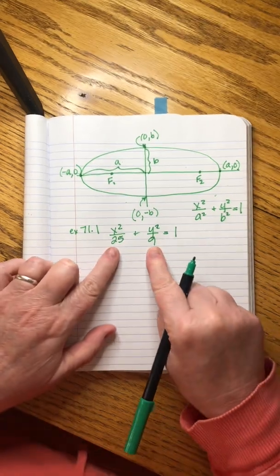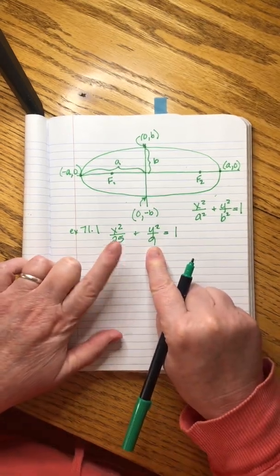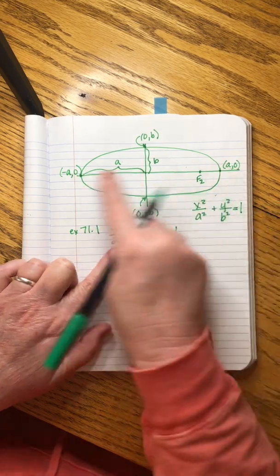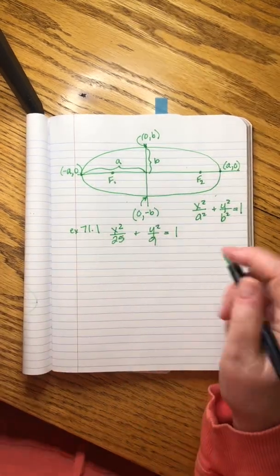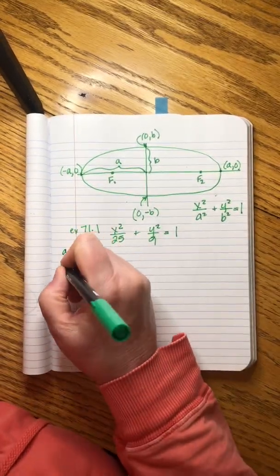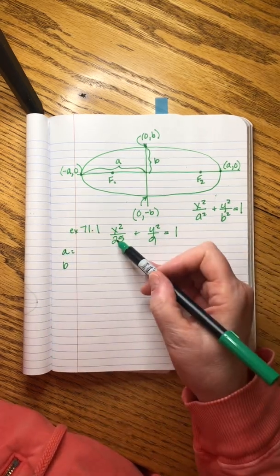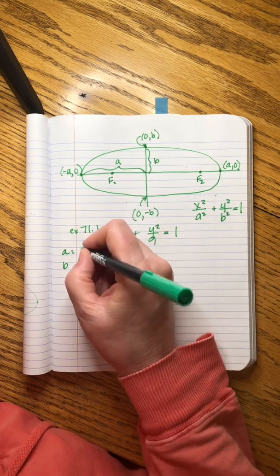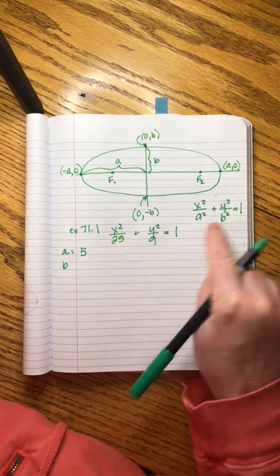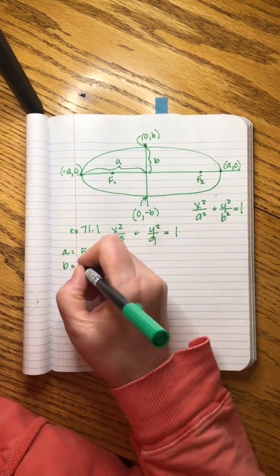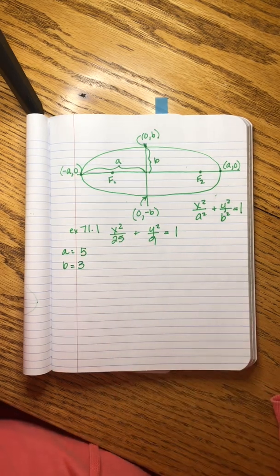We look and see what's bigger, A or B. It looks like A is this way, so it's going to be oriented this way. Okay, that's cool. Let's figure out what is A and what is B. Well, if 25 equals A squared, then A must be 5. And if B squared is 9, then B must be 3. So far, so good, right?